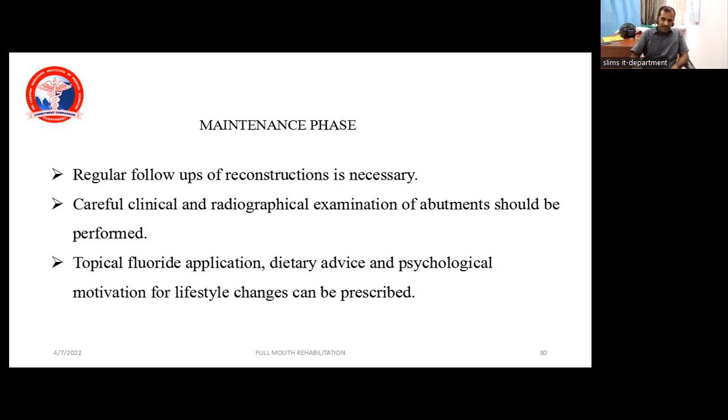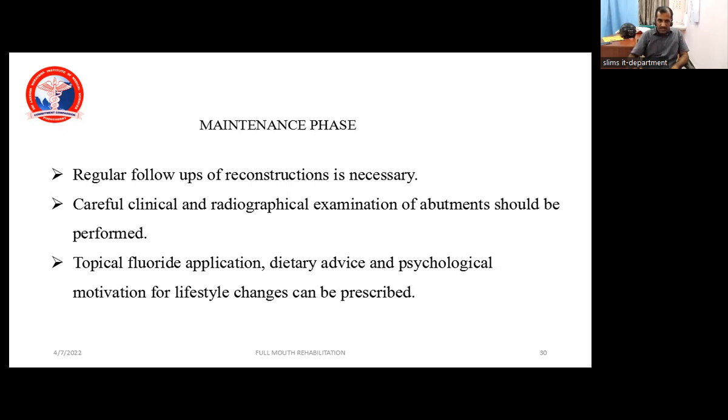You need to have regular follow-ups, and a careful clinical and radiographic examination of the abutments should be performed. You have to see how the condition of the abutment is, because the occlusal force will be too excessive. It will damage the abutments very easily if the occlusal trauma is more.